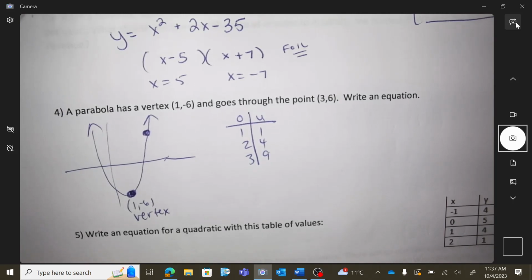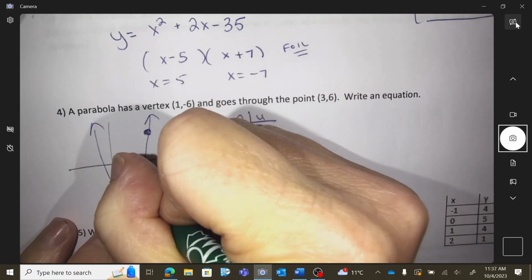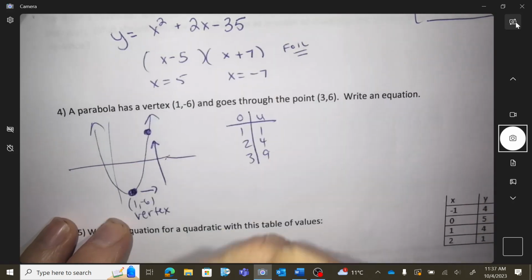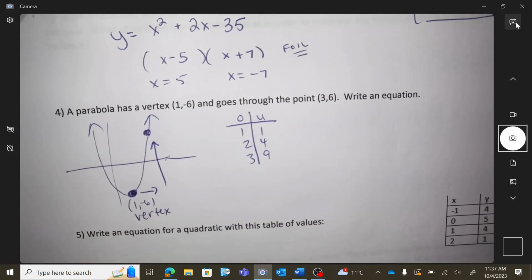That would be normal. Let's see what we did. What did you do from vertex to that point?